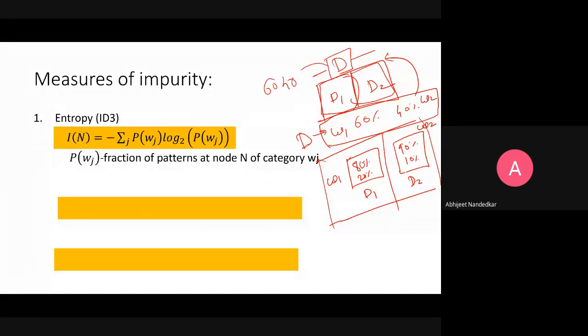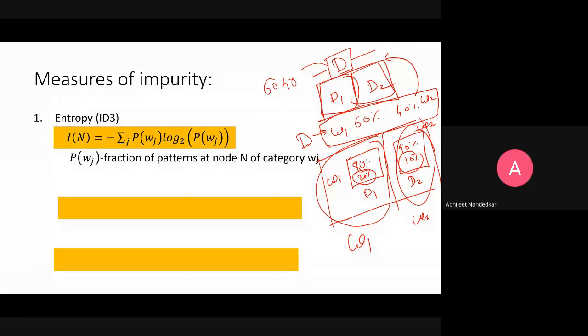So if I want to stop my tree generation, I can declare this as omega 1 and this mixture as omega 2. So there will be 20% error here and 10% error here, but my job is done.